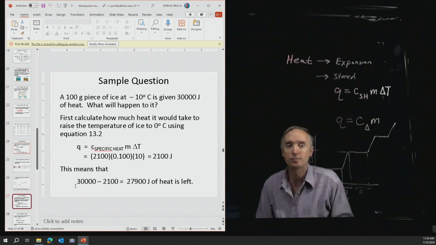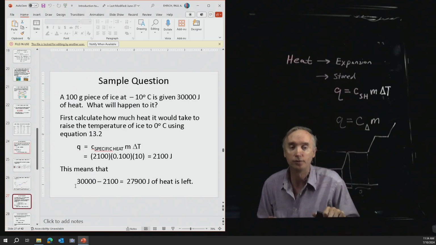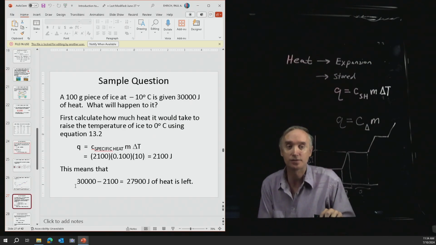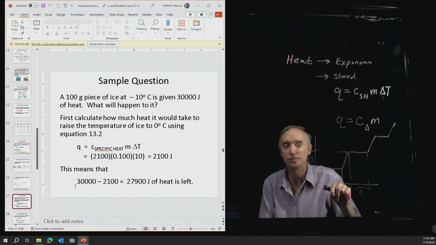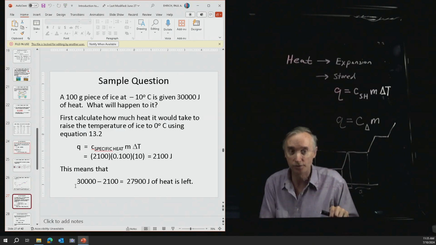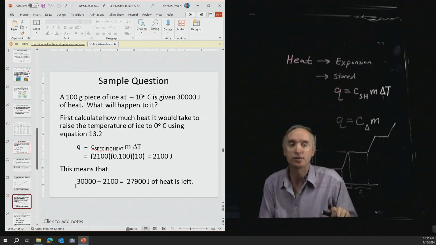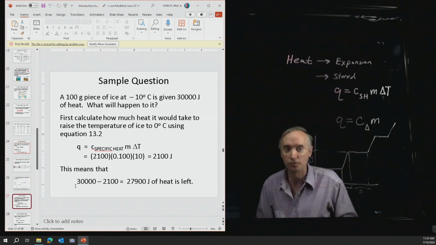We're going from negative 10 to 0, and that's going to take a certain amount of heat. For the specific heat, we would look that up for ice, a solid. The mass we're dealing with is 0.100 kilograms, because we had to change from grams to kilograms. And then the change in temperature is 10 degrees Celsius, so that's 2100 joules.